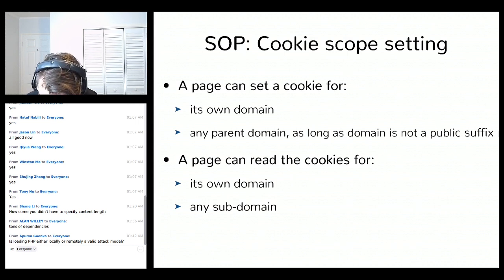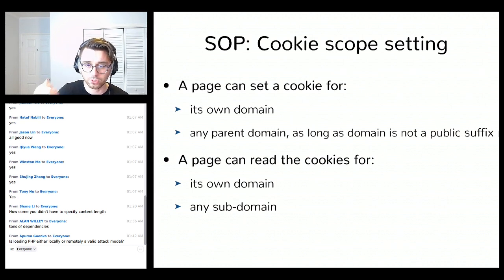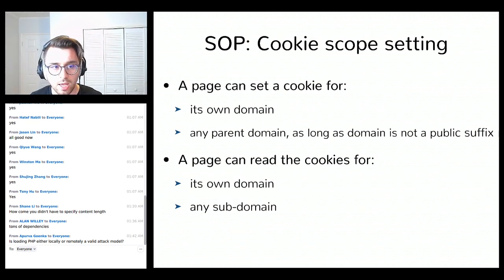Okay, now how do we use these origins? Well, it comes down to basically just how do we set and get cookies. A page can set a cookie for its own domain, and any parent domain, as long as the domain is not a public suffix.